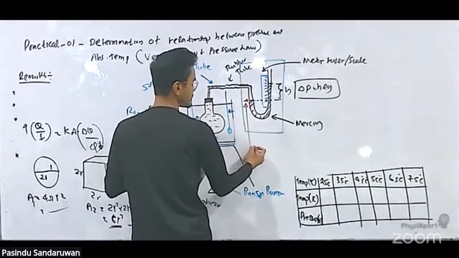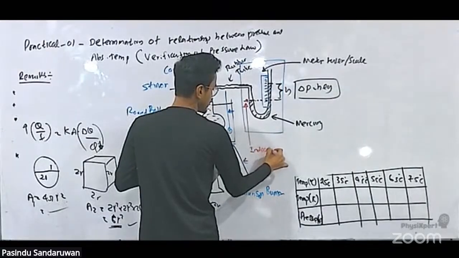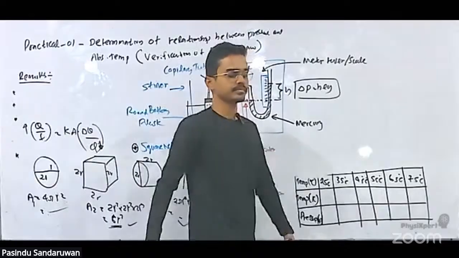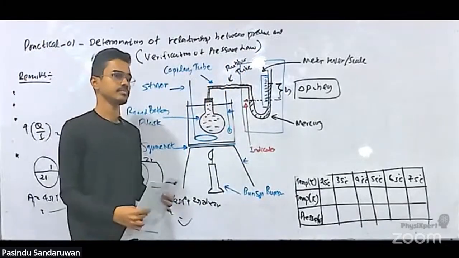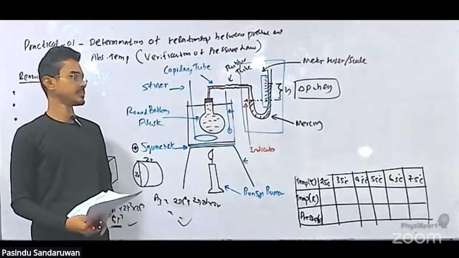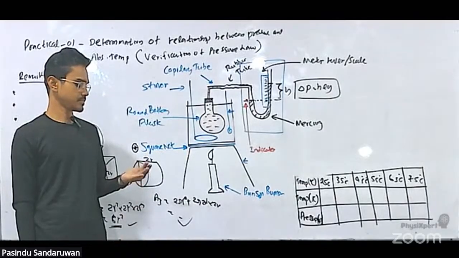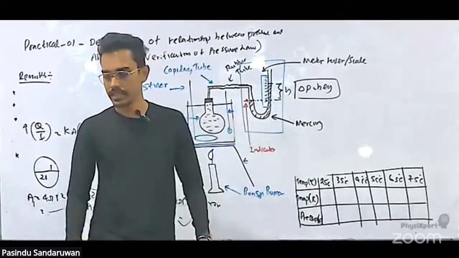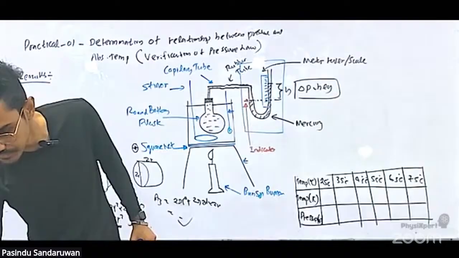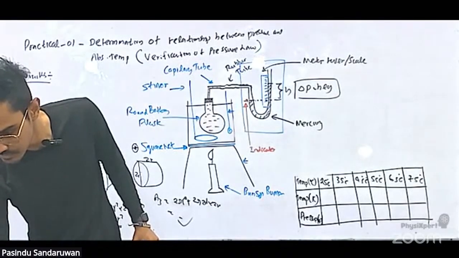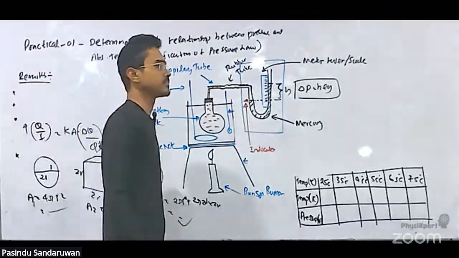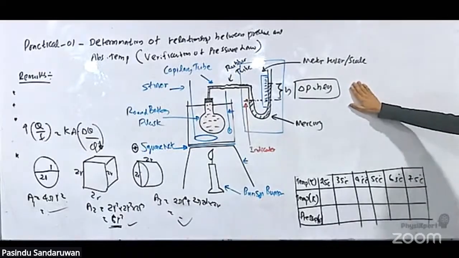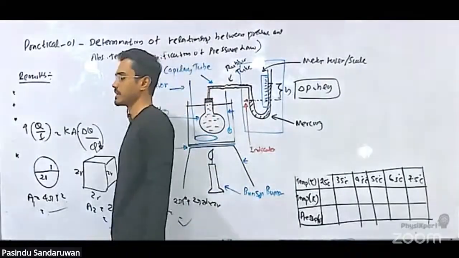We bring the mercury to this mark and then take the readings. Write down below this setup again: the vertical height of the mercury column should be obtained in order to find the pressure at a given temperature.